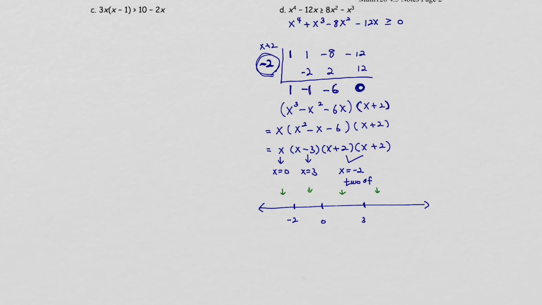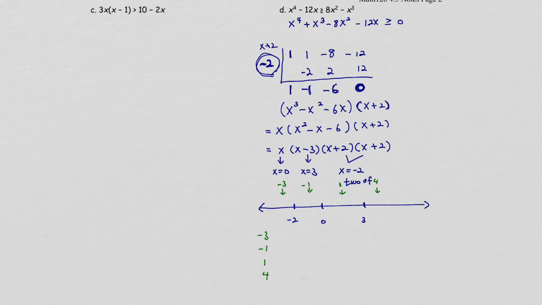And I can show you by testing the area, right? So if I wanted to test maybe negative 3, that's going to be negative 3, negative 1. Let's try 1 and 4. Negative 3, negative 1, 1 and 4.